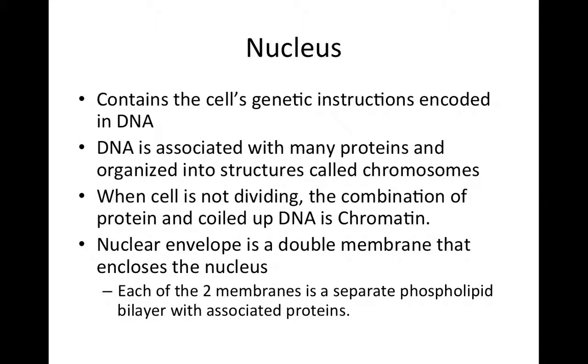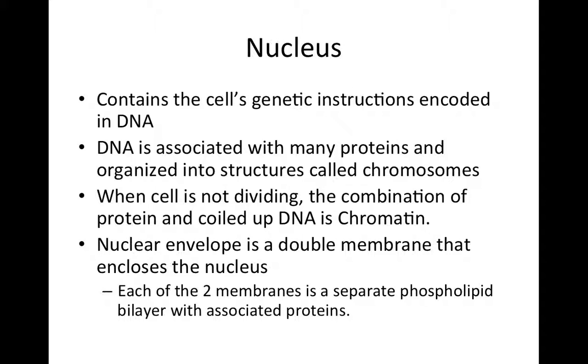And then surrounding the nucleus, its membrane has a specific name called the nuclear envelope. So the nuclear envelope is the double membrane system that encloses the nucleus. Okay? And each of the two membranes is a separate phospholipid bilayer, also with associated proteins.